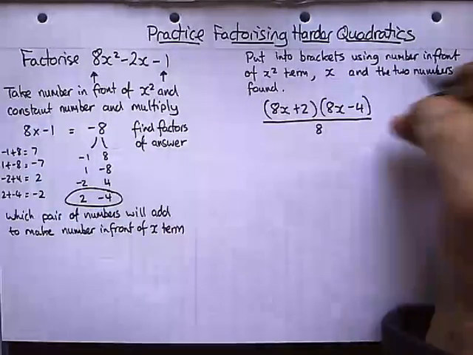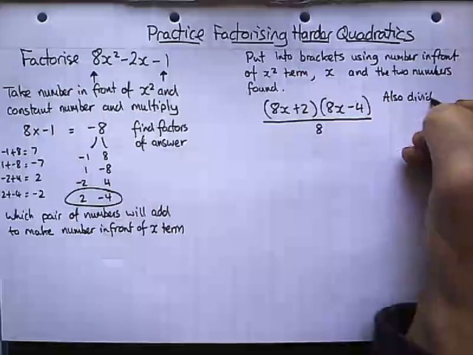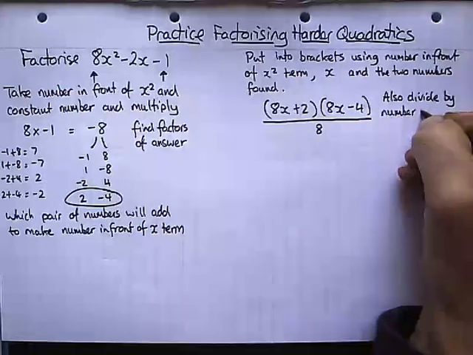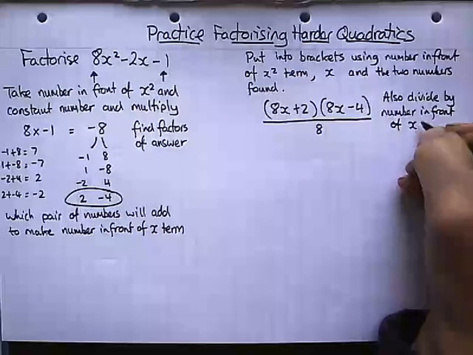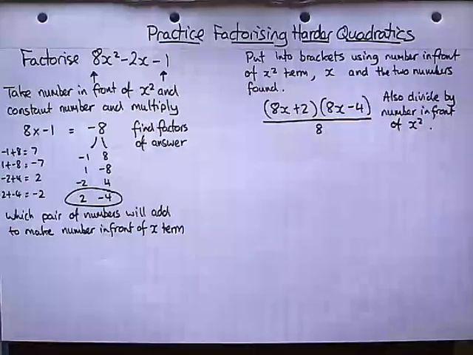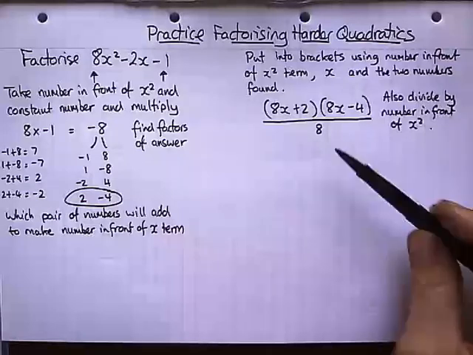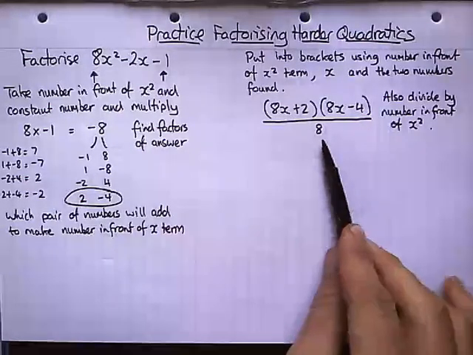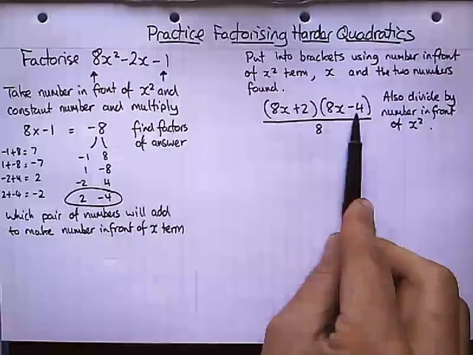So what we need to do is also divide by the number in front of x squared. Okay, you can take this method, you should be able to use it on any problem you get. Now, what I'm going to do then is divide these brackets by 8. But the only problem here is 8 doesn't go into 2 and 8 doesn't go into minus 4.